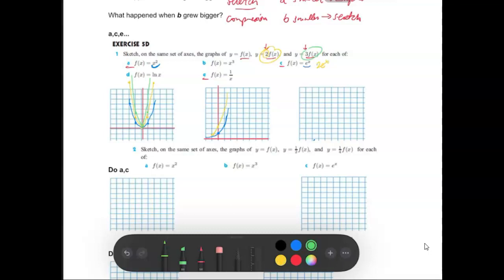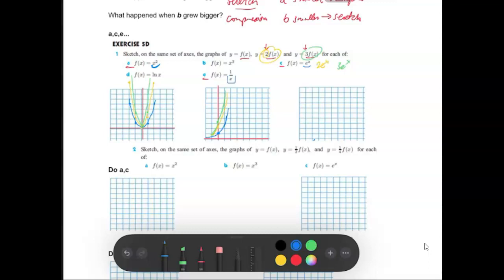And then 3e to the x, the y-intercept would be at 3 instead of 2. And instead of crossing at 2 times 2.7, it would be 3 times 2.7, which would be something like, I don't know, 7.5 or something like that. It'd be somewhere around there, I think. That's not a very good graph, but okay.